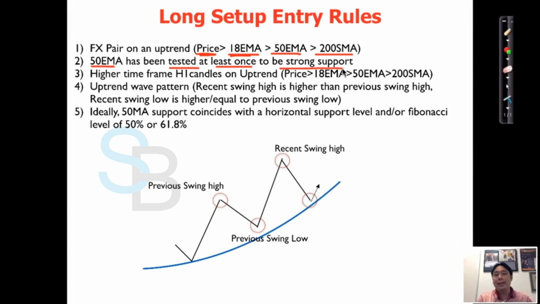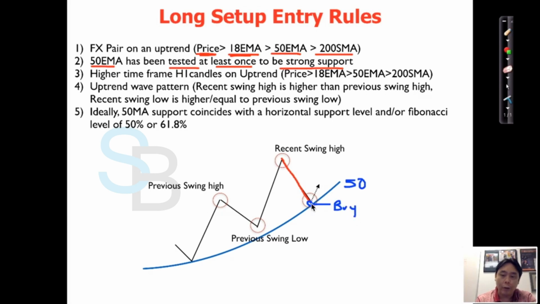So we want to see that in recent price history, the 50 EMA has been tested before. In this case, you can see the price is coming down like so and hitting that blue line. That blue line is the 50 moving average, 50 EMA, okay? So the moment it reaches the 50, I'm going to do an immediate buy at this point.